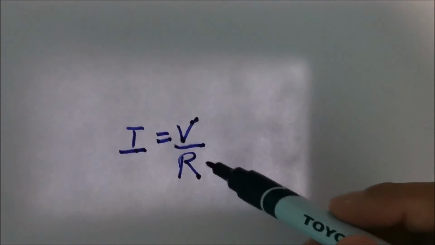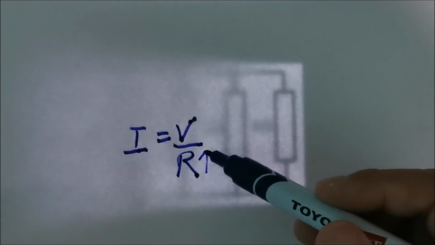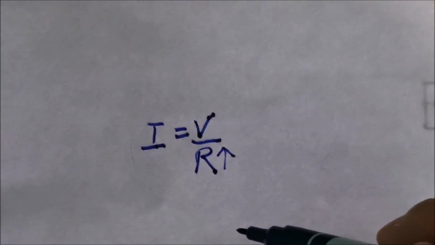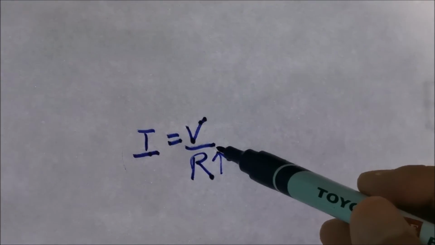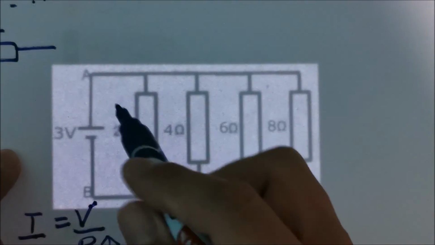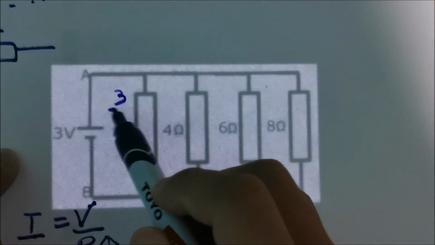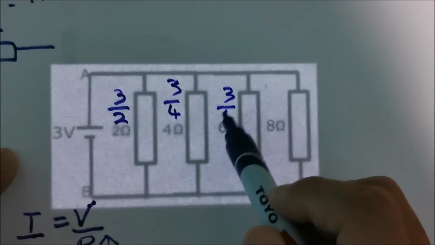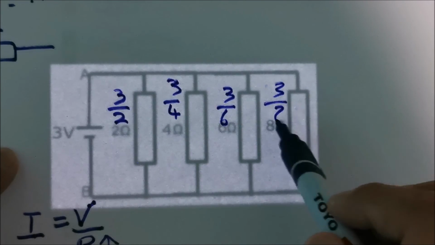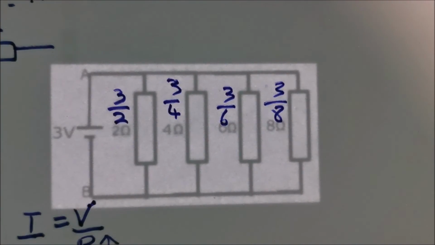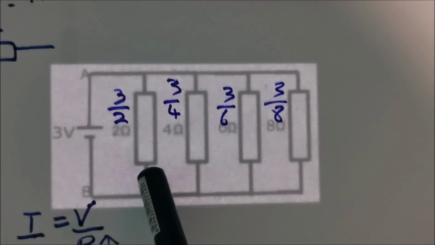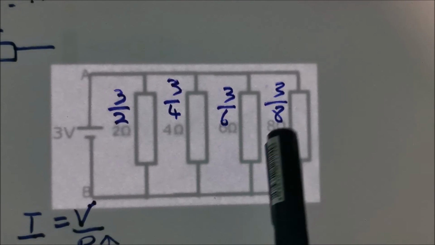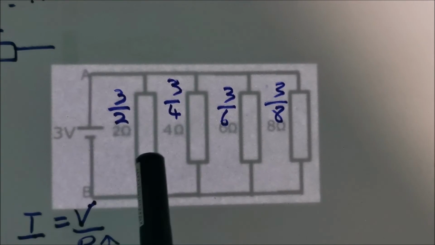So if my resistance is high, my current becomes less, because my voltage is the same. The current through this is 3 volts divided by 2, 3 volts divided by 4, 3 volts divided by 6, and 3 volts divided by 8 ohms. So this is 1.5 amps, the first one. This is only 3/4 amps, and as the resistance increases, you have lower current.